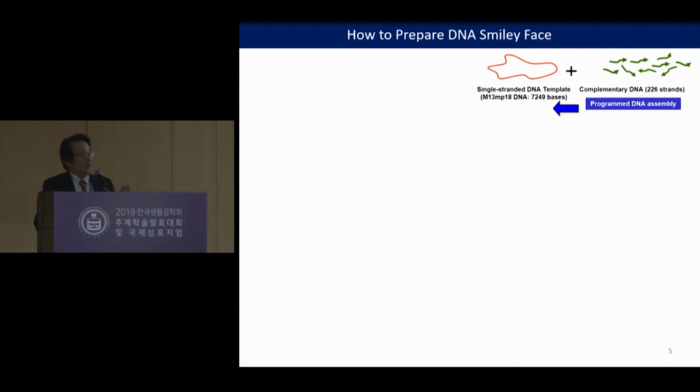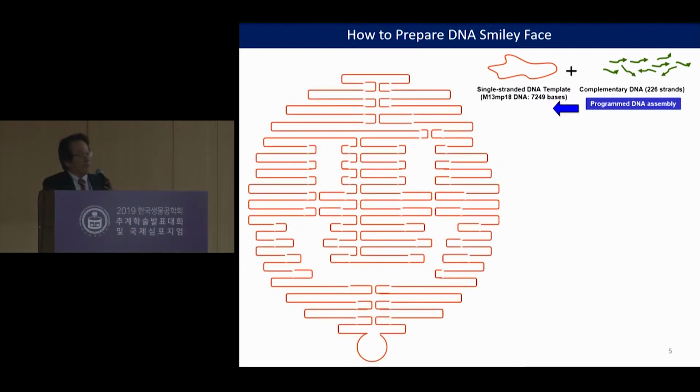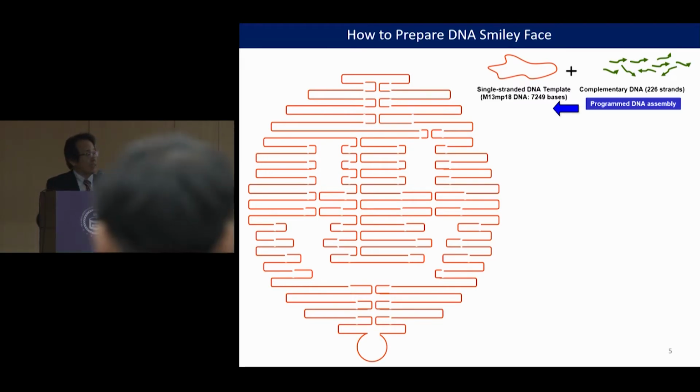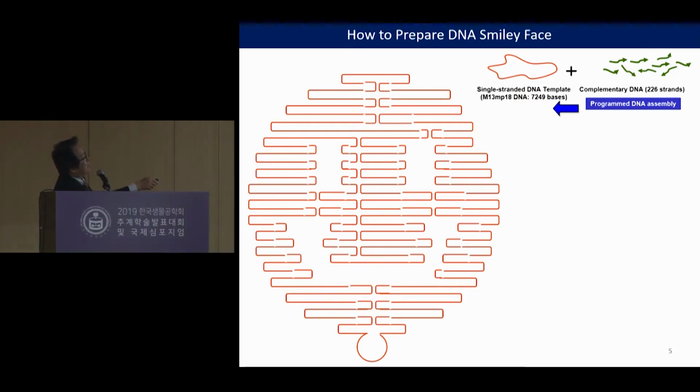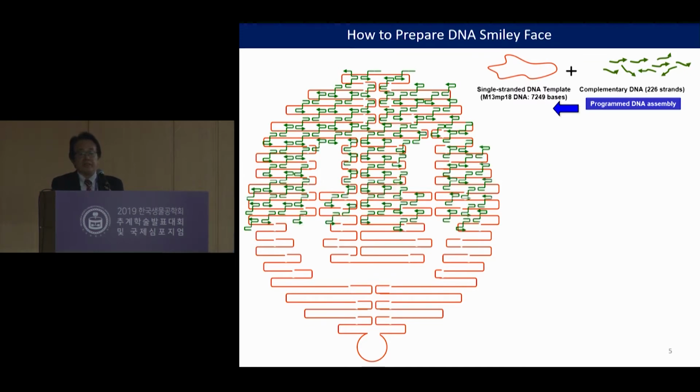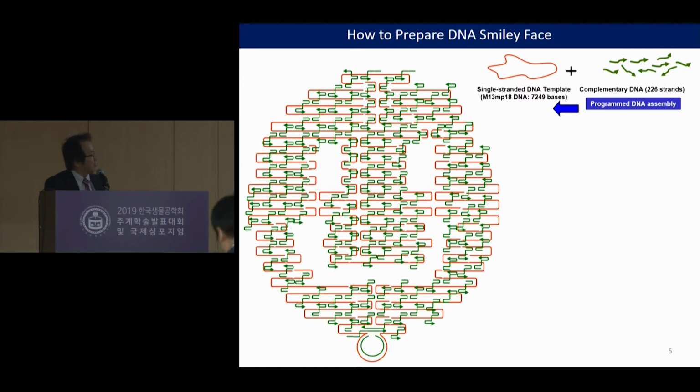Let me show how to make a DNA smiley face. First, we need to make the pattern of the smiley face using the M13 DNA sequence. If we set the starting point, then we know the sequence at every place. Then we place the complementary strand, colored in green, and they are different. Let's take a look at this section.